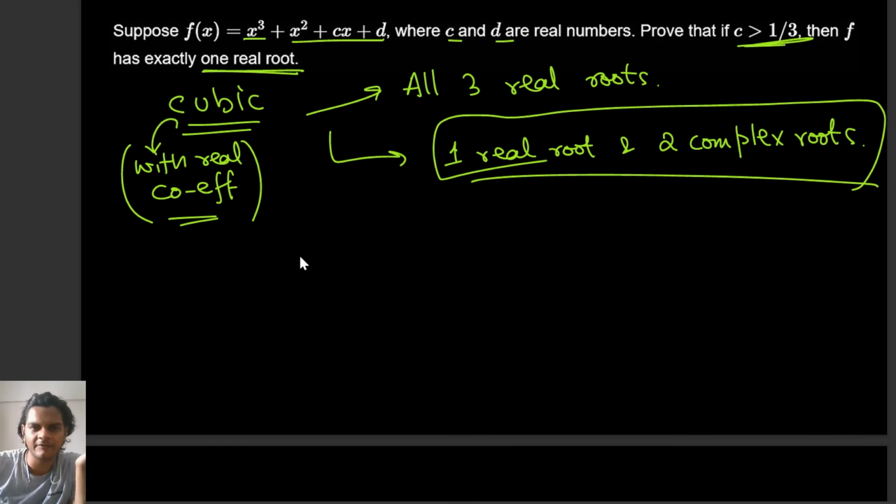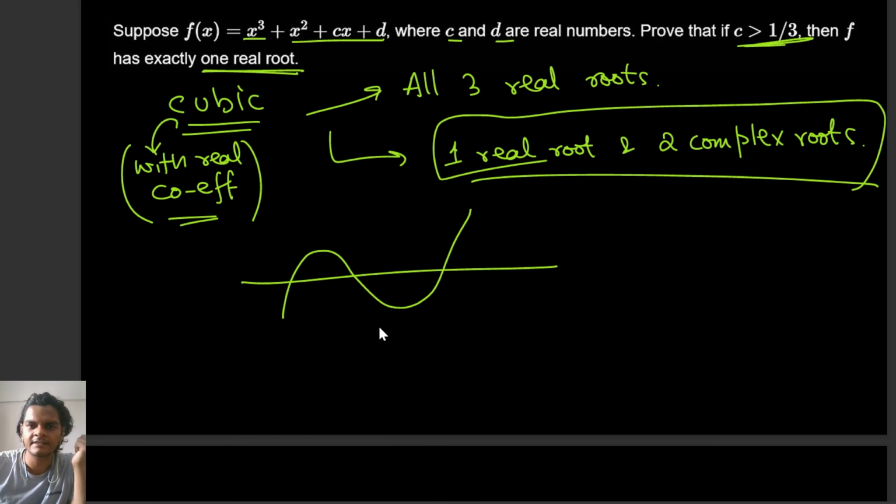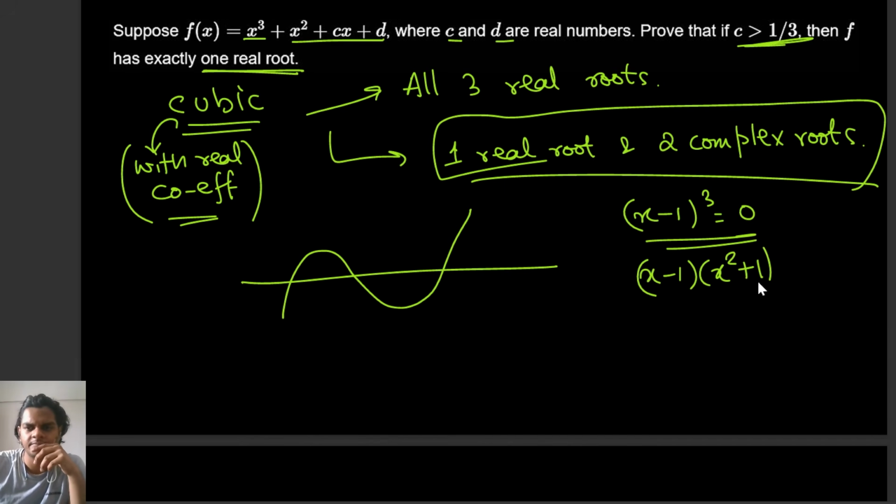So if you look at the graph of it, if a cubic has all three real roots, it will be like this. But if a cubic has only one real root, something like x minus 1 whole cube equal to 0, this kind of a thing, this definitely has one root, but that does not mean it doesn't have other real roots. So something like x minus 1 into x square plus 1 equal to 0.